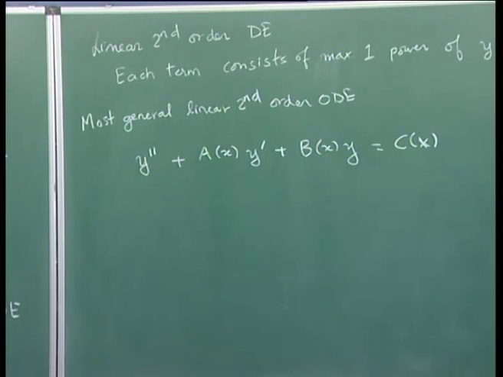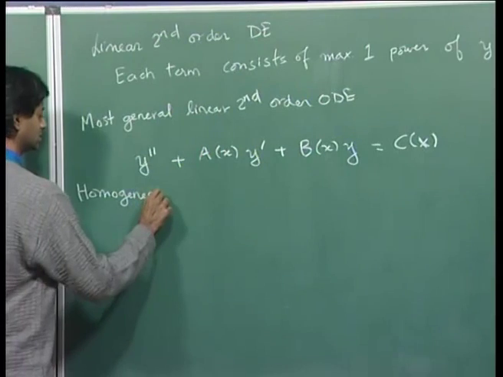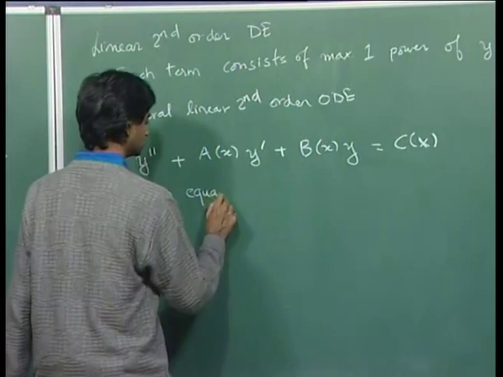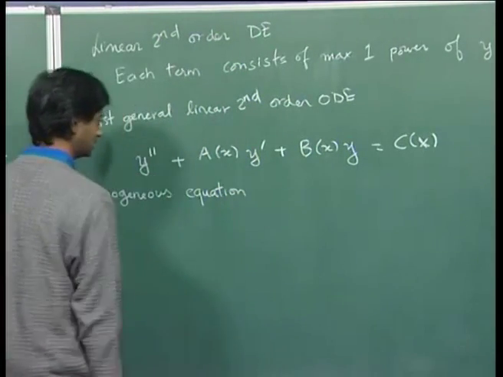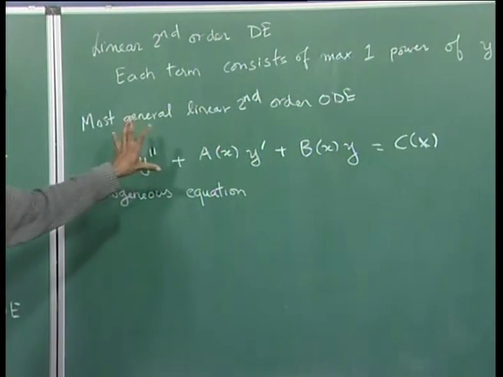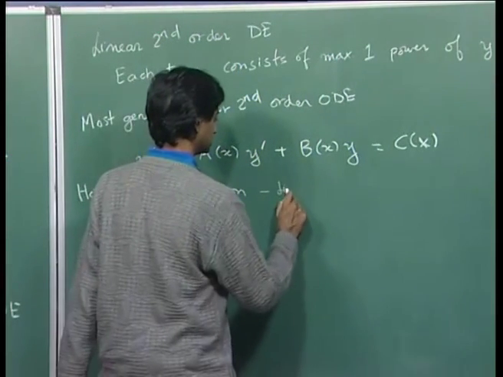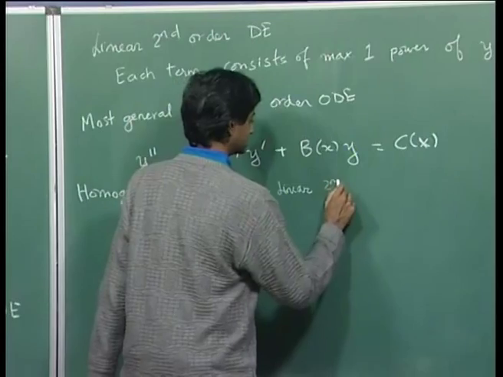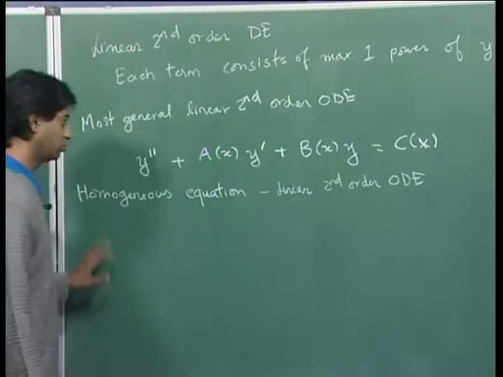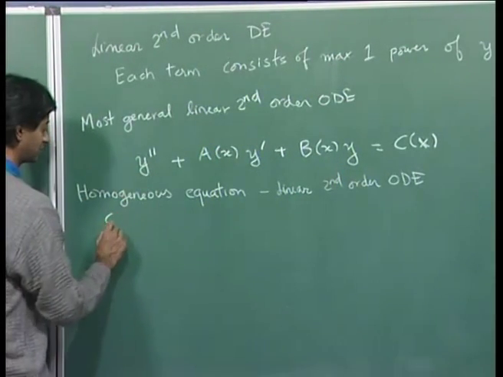Now, we have already learnt what a homogeneous equation is. A homogeneous equation is one in which each term contains y to the same power of y or its derivatives. So, a homogeneous linear second order differential equation is a special class of these where c of x equal to 0.